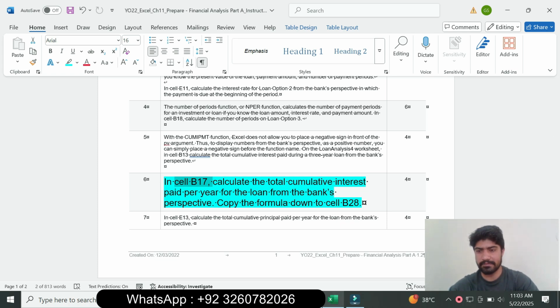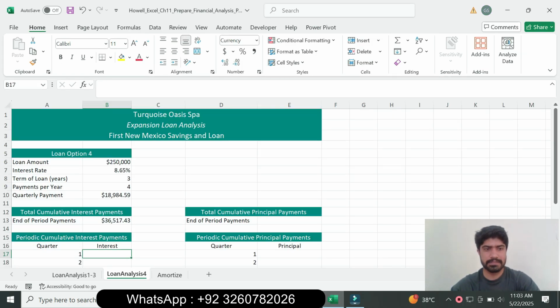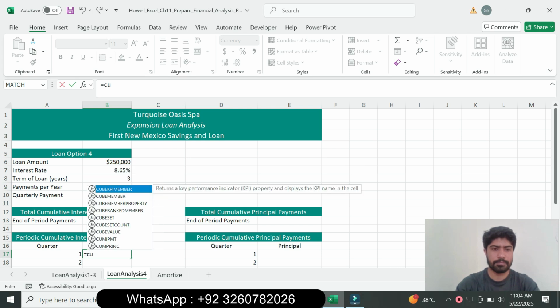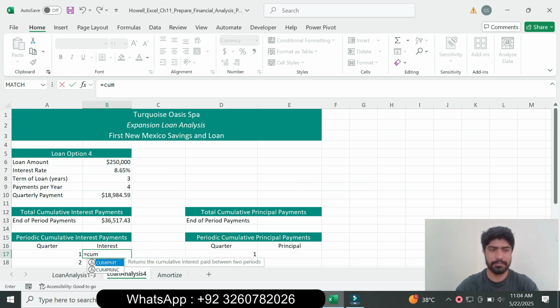So select cell B17 and type equals, the CUMIPMT function.